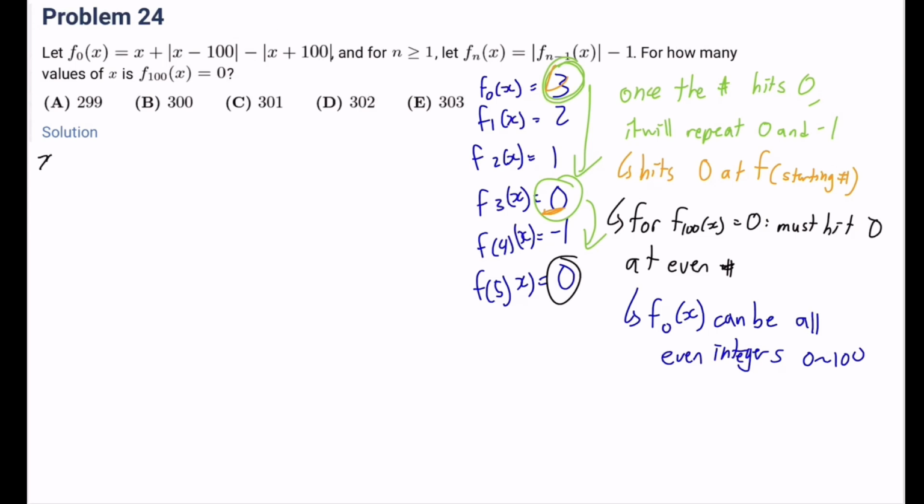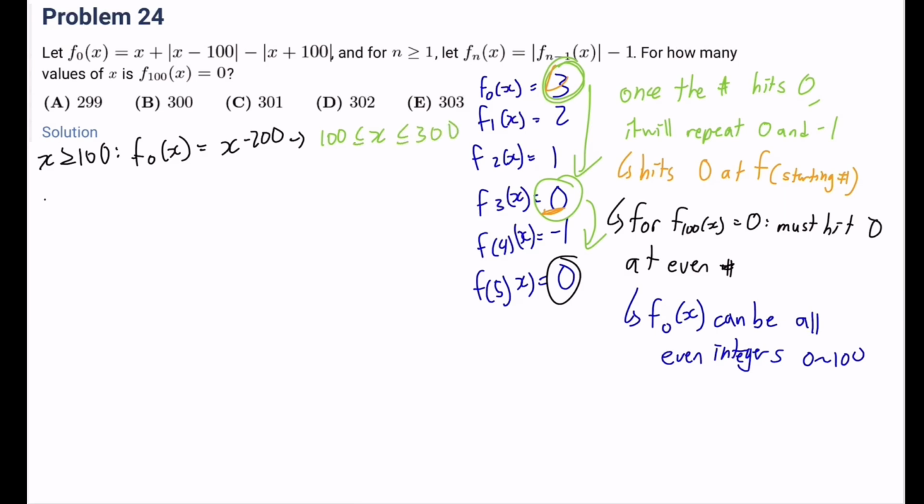If x is greater than or equal to 100, then f0 of x is going to be equal to, and those absolute values are just going to disappear. So that's going to give us just x minus 200. And so x minus 200 has to go from 0 to 100. But x has to be greater than or equal to 100. This gives us that x goes from 100 to 300.